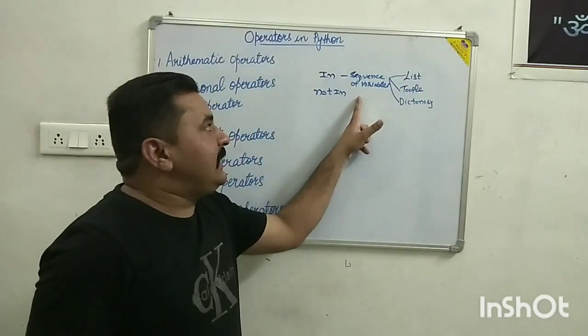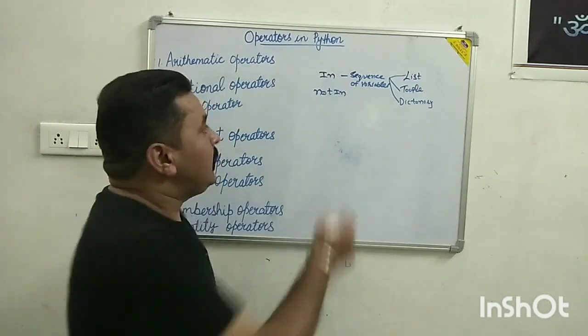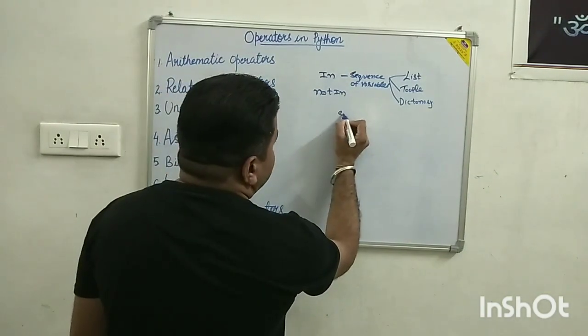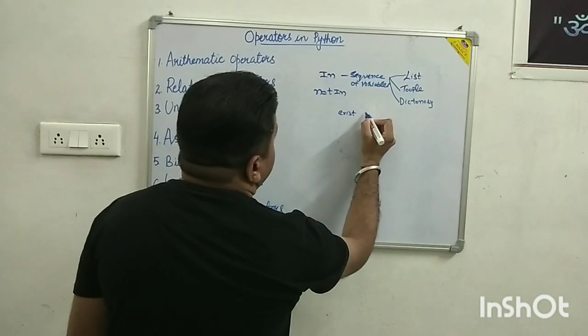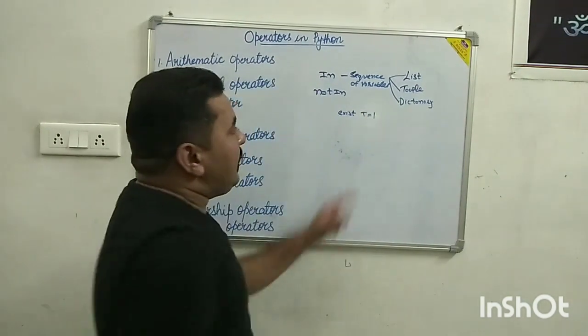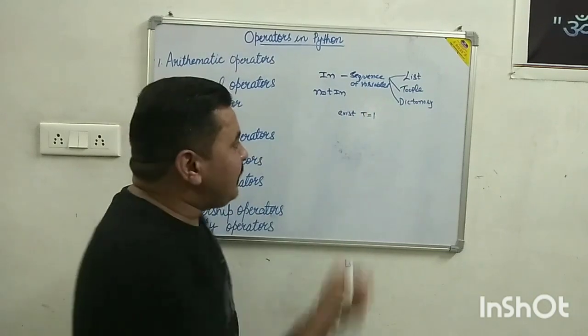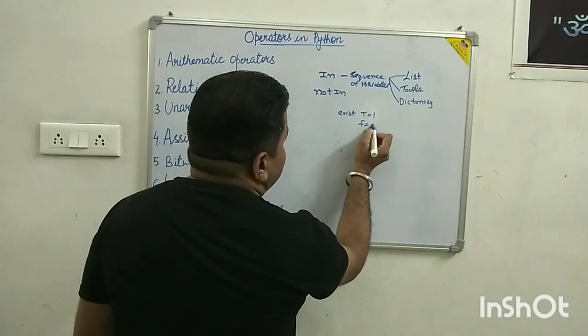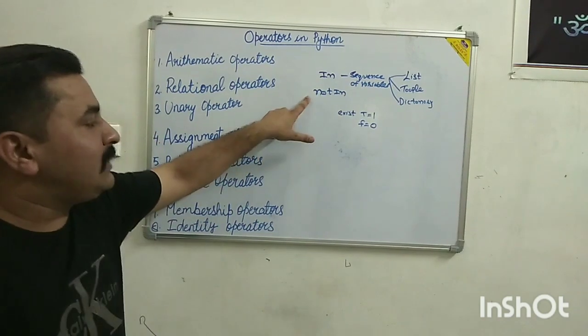So this exists in a membership operator in. If the value exists, then it is true, that is 1, and if the value does not exist, then it is false, that is 0. Then we came to the not in.